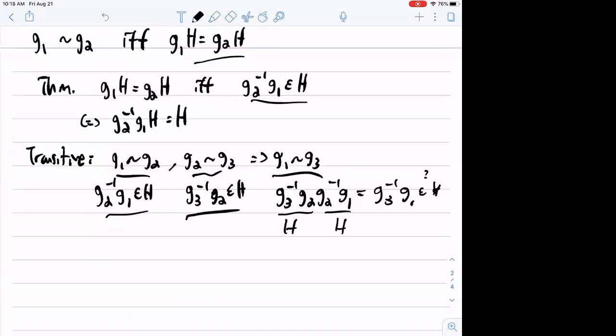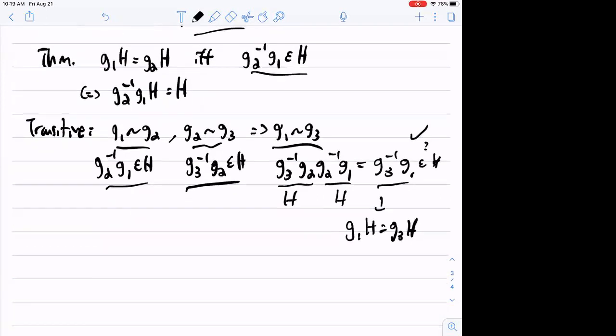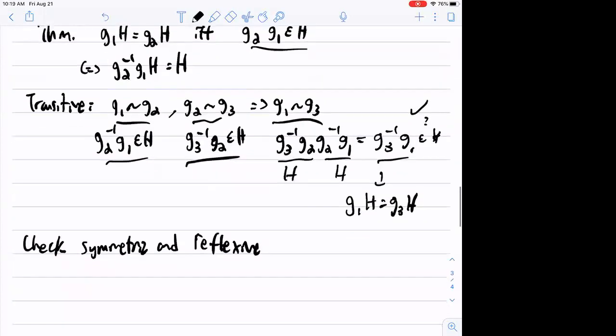So this is in H. And this exactly means that G1H equals G3H. And then you can check symmetric and reflexive, sorry. Okay. Is everyone good so far?